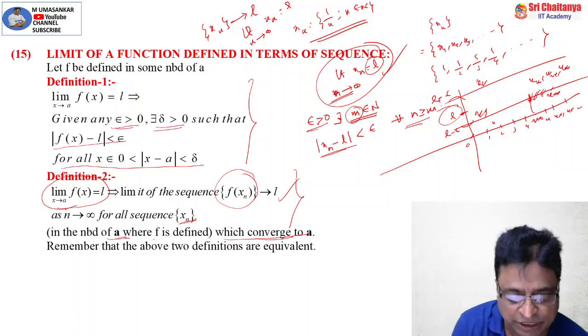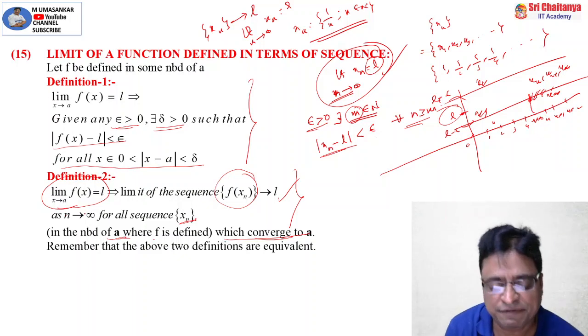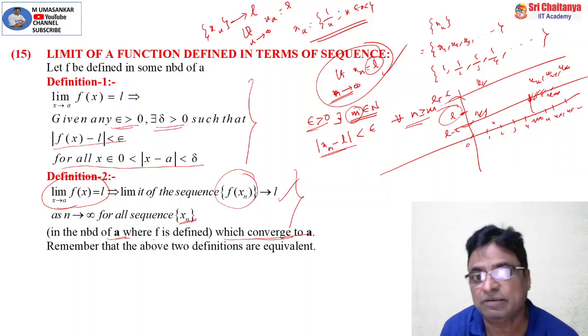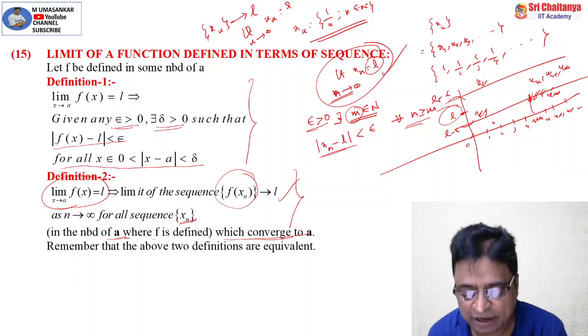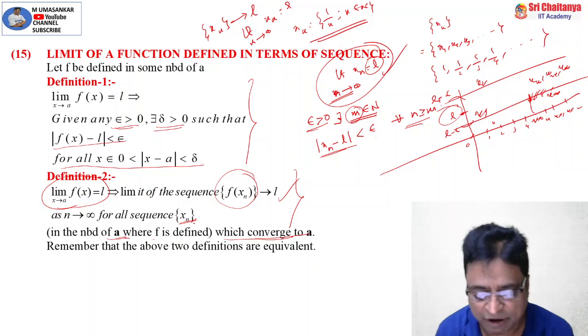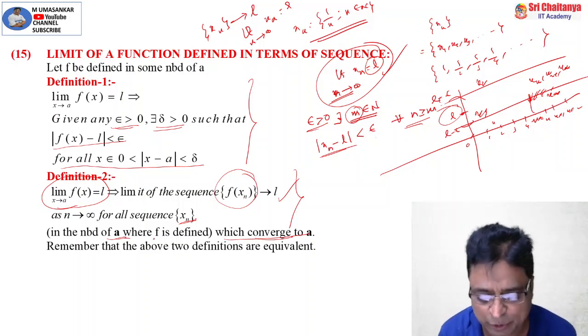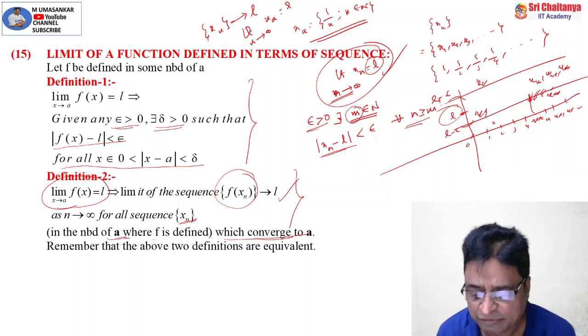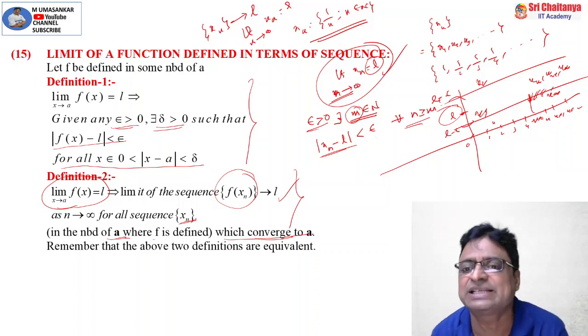So what is the definition? The limit of the function f of x is equal to L whenever the sequence f of xn converges to L as n tends to infinity, for all sequences xn in the neighborhood of a where that sequence xn converges to a.